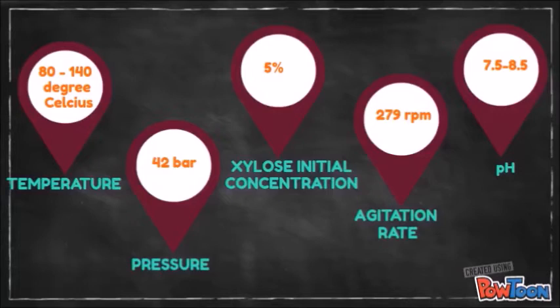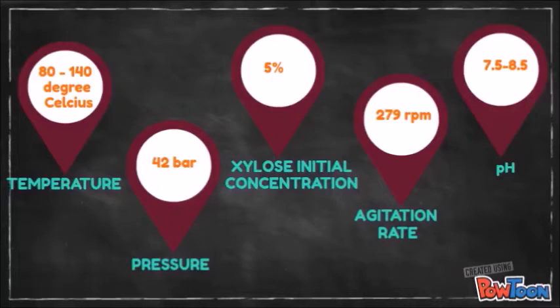For the first one, the temperature. According to my reading, the optimum temperature is about 80 to 140 degrees Celsius. And then for the pressure, the optimum pressure is about 42 bar.